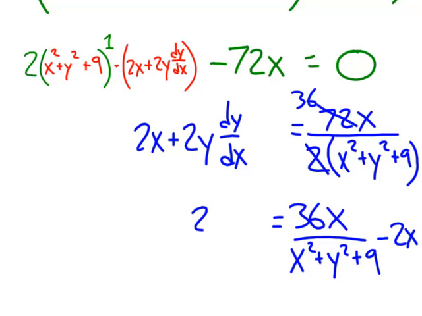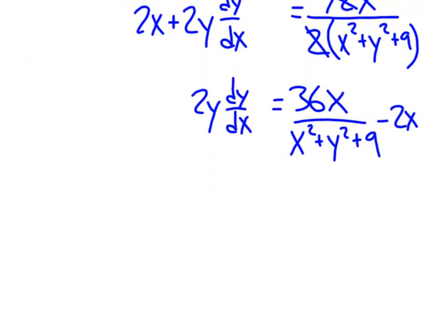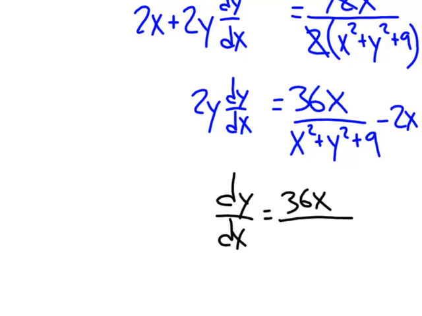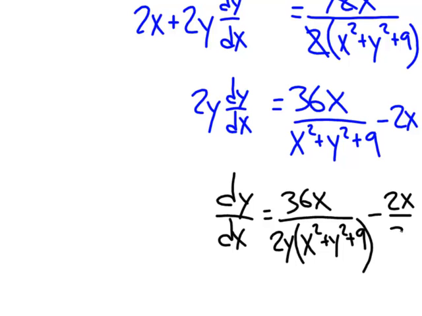And we're left with 2y dy over dx. And finally, we'll divide everything by 2y. So we'll get dy over dx equals 36x over x squared plus y squared plus 9, and there's a 2y in the denominator because we divided by 2y, minus 2x, which is also divided by 2y.